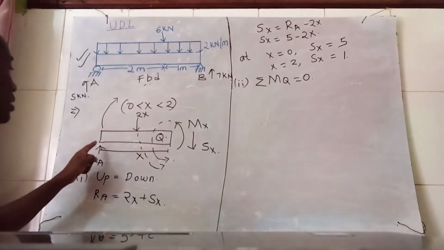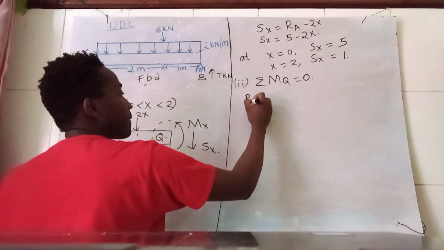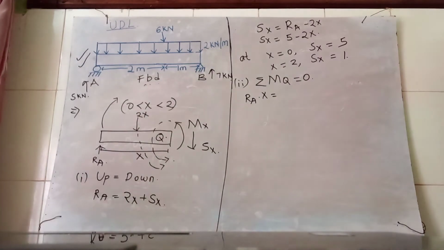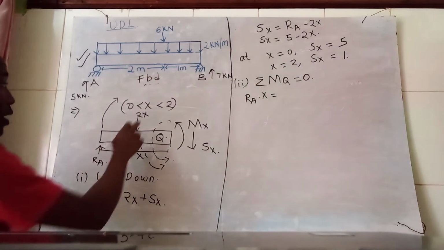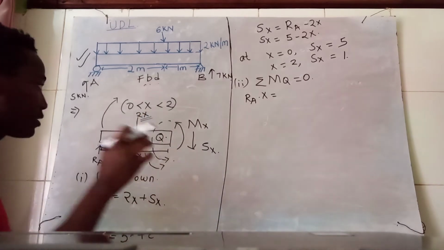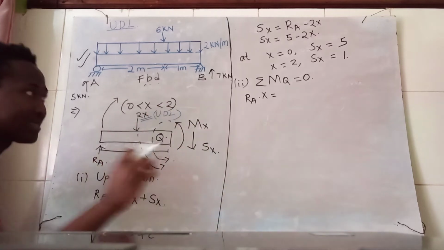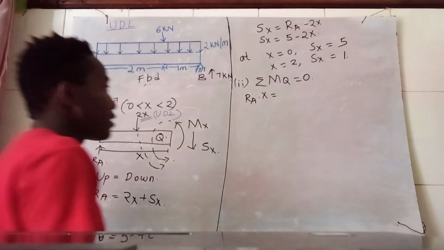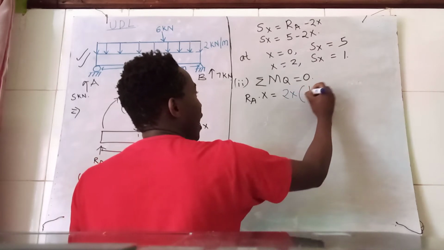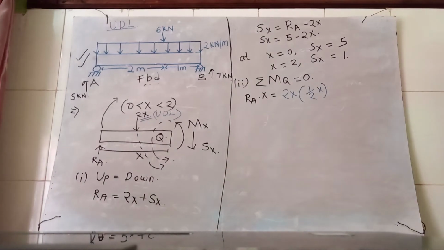So that means RA times the entire length x is equal to 2x. 2x is the UDL, and it is acting at the center of the beam. Therefore, it will be 2x times a half of x. Please note that.